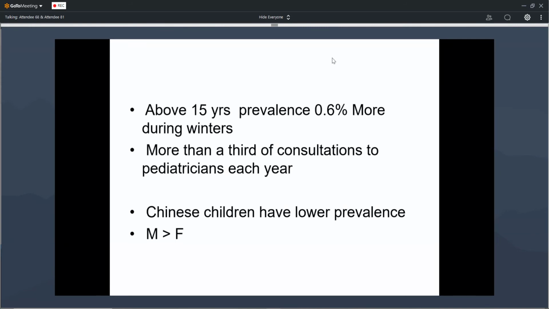What are the synonyms for non-suppurative otitis media? Roll number 83.